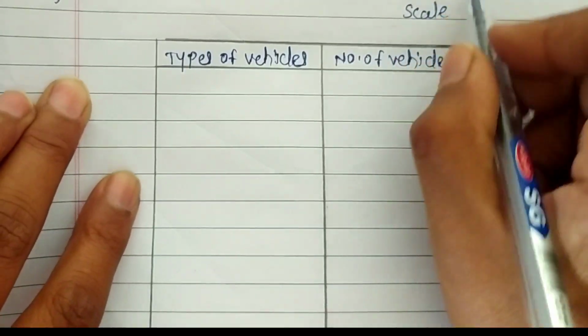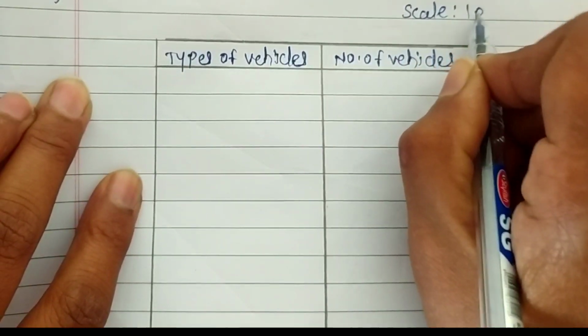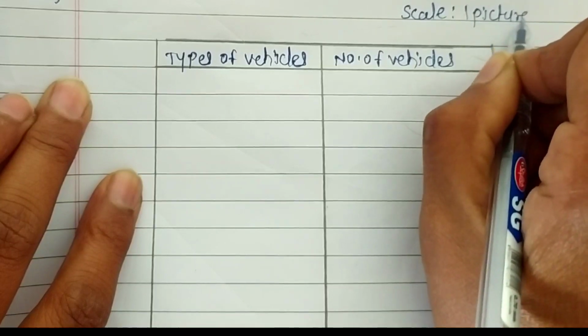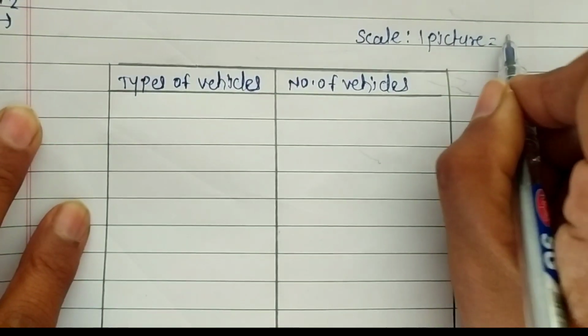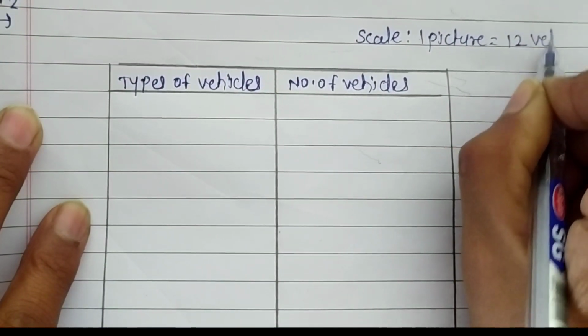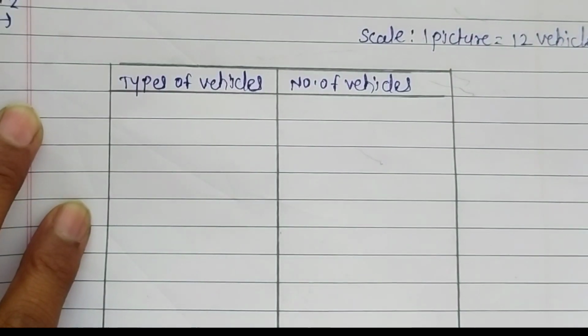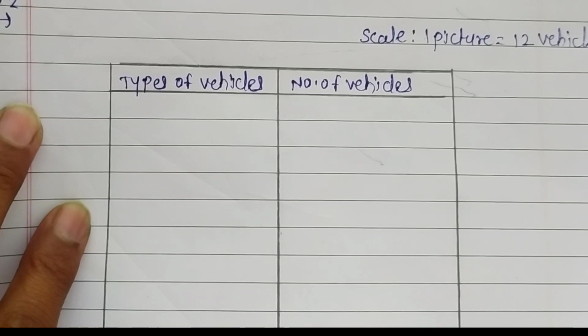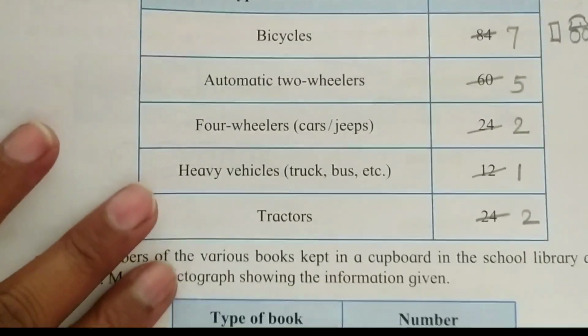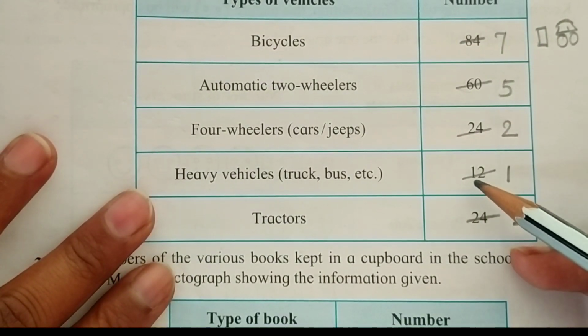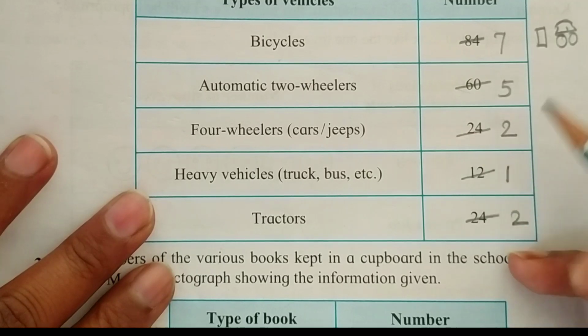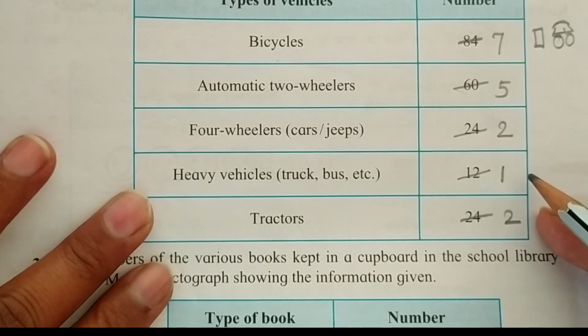Scale is one picture is equal to 12 vehicles, because we divide these all numbers by 12. Look here, we divide it by 12. So we are going to choose one picture for 12 vehicles.